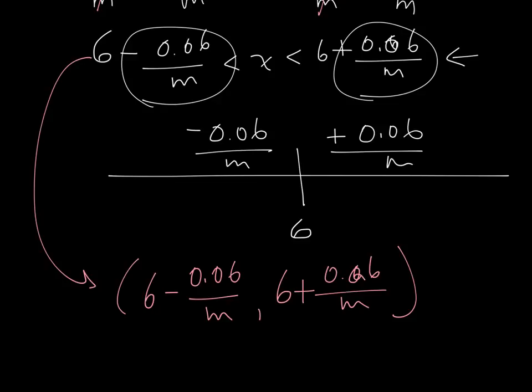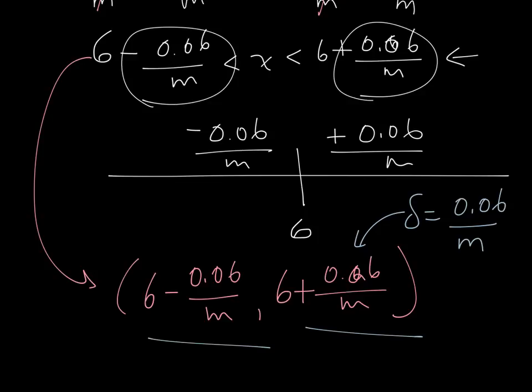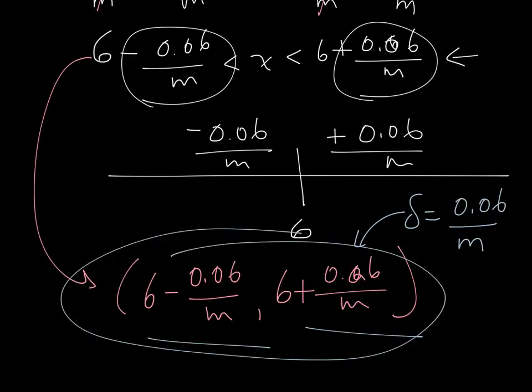Now it wants me to center it. Well, it's already centered. If I let delta equal 0.06 over m, my delta is the same, plus and minus. So this is centered around 6, and then this is my actual delta.